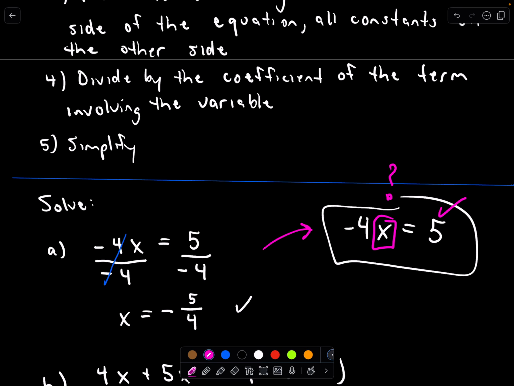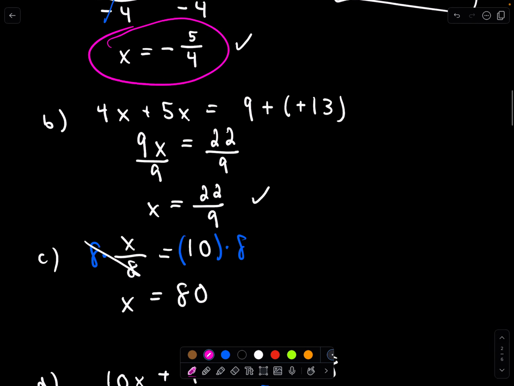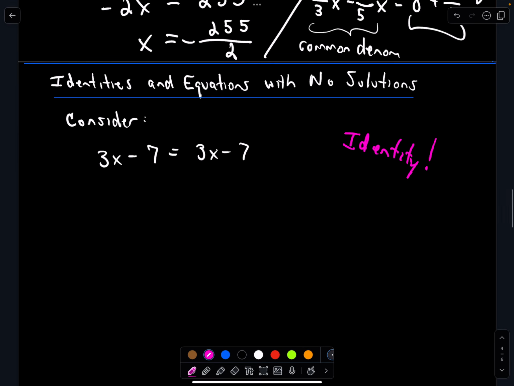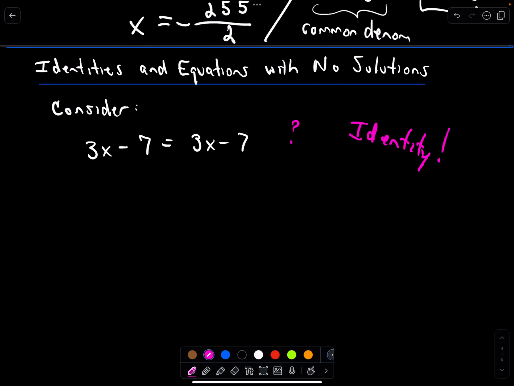Well, there's only one number that does that, and that one number is negative 5 over 4. That's the solution. Well, what are the solutions to this equation? 3x minus 7 equals 3x minus 7.